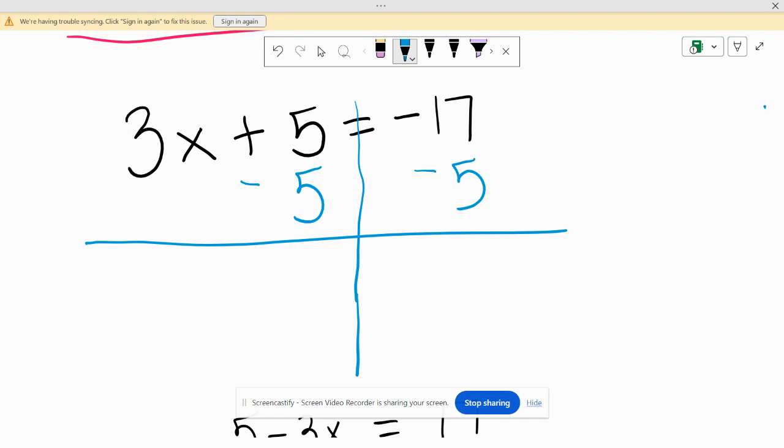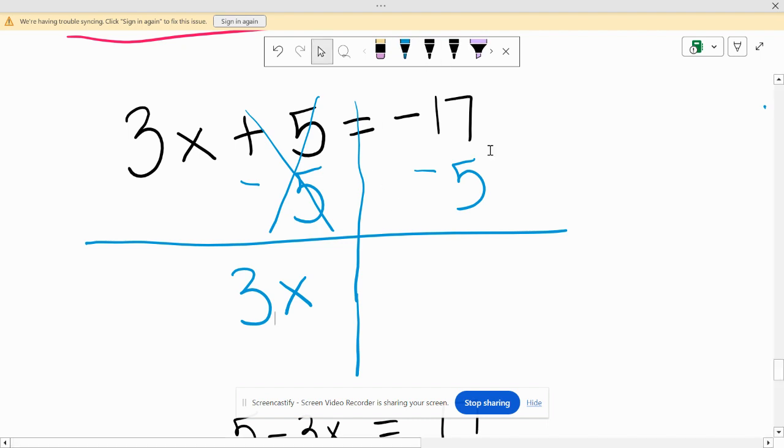So when I do that, over here, 5 minus 5 is 0. So those are eliminated. That's 0, so that's gone. And then all I have left over on the left side is 3x. So I'm going to put 3x there. Now over here, on the right, I have -17 minus 5.